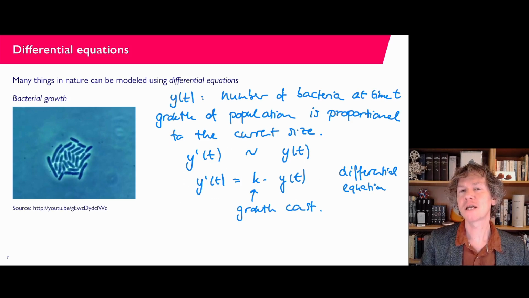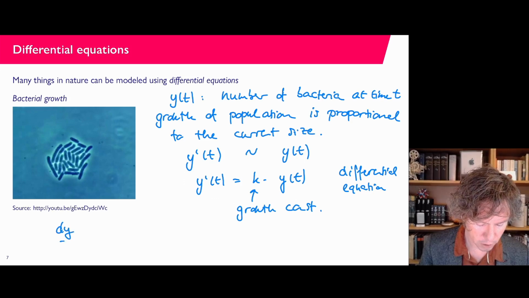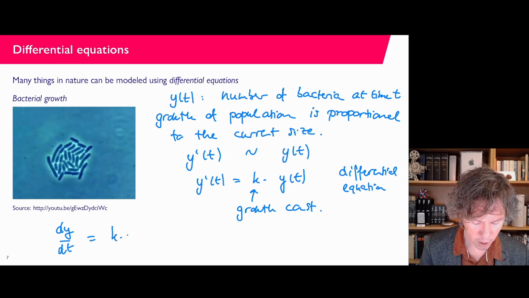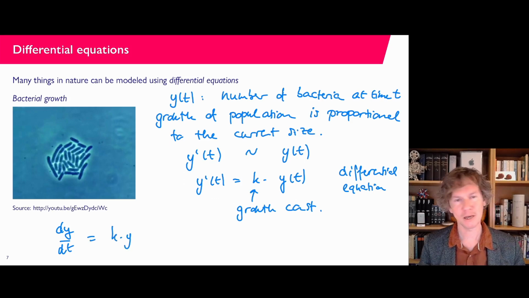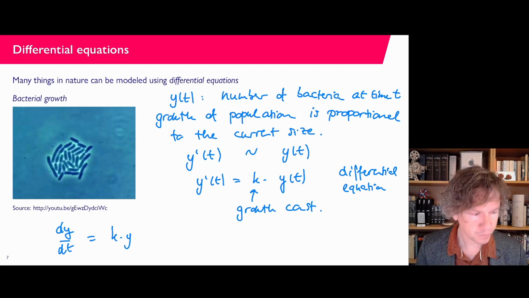So we can actually solve this differential equation. So let us try to do that. We have dy dt, so that is the same as y prime of t, but I would like to write it like this, is k times y. And here I'm suppressing the notation that y depends on t, and why I do that will become clear in a sec.